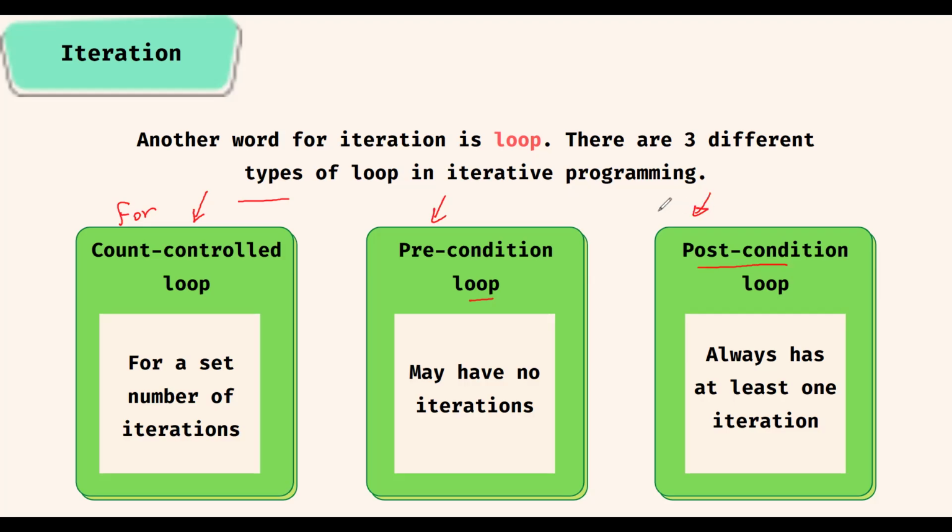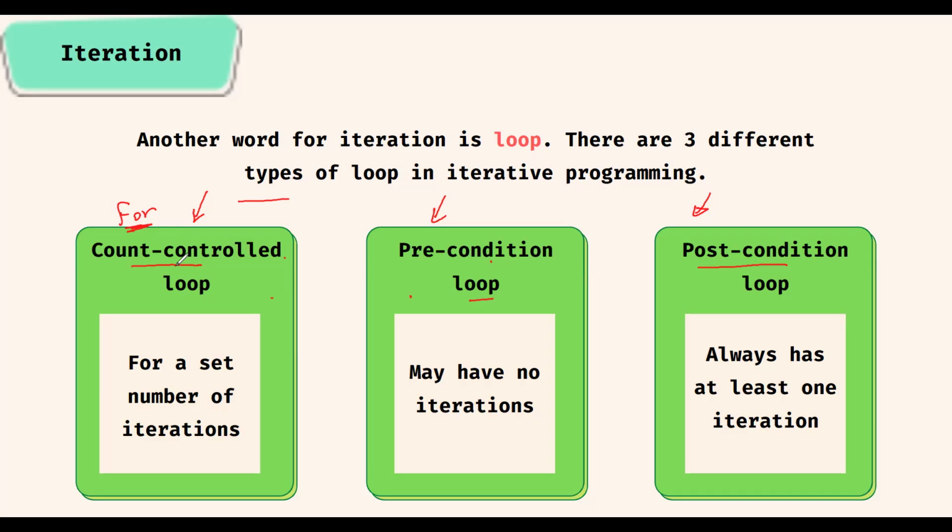But in Python, you will only see these two. There is no possibility to put a post condition loop in Python. We will see each type of loop, and just be aware that sometimes the exam will tell you to use a count controlled loop without saying that you need to use a for loop. So a count controlled loop is an alternative way of saying use a for loop.